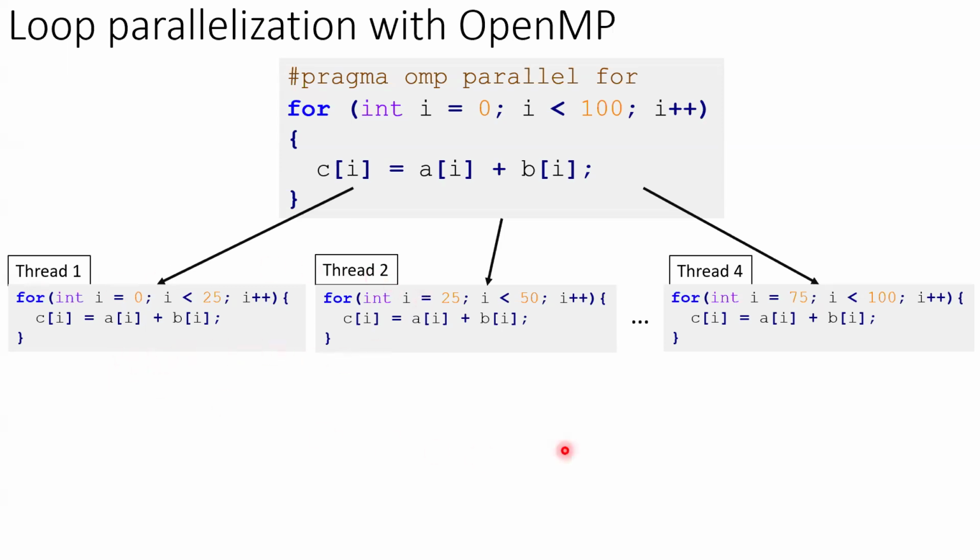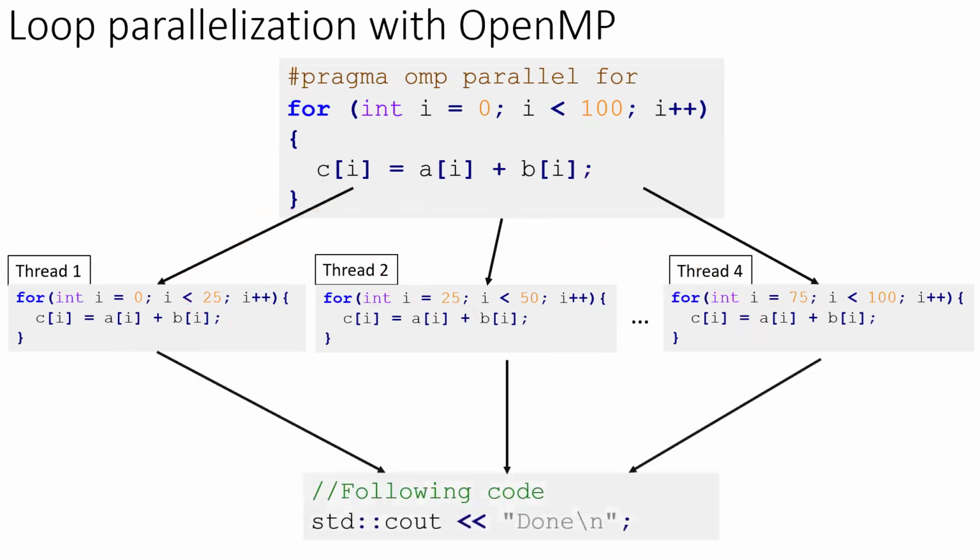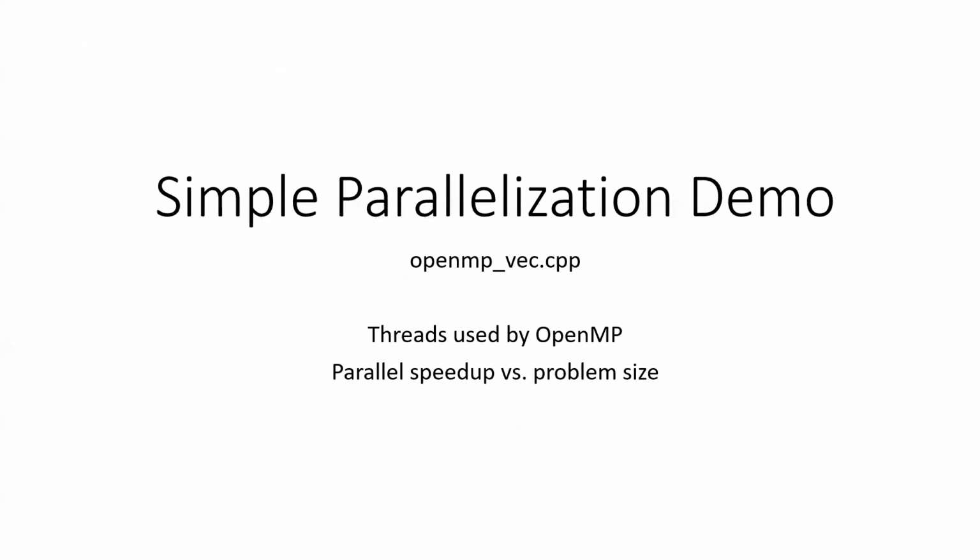And if this is a 4-core CPU, it will divide the 100 into 4 contiguous chunks, one for each thread to execute. Then after all of them finish executing, it will join back to the main thread and complete the following code. So let's do a simple demo to show this.